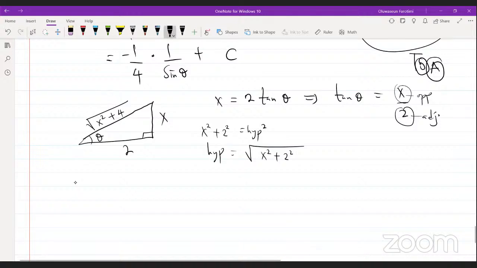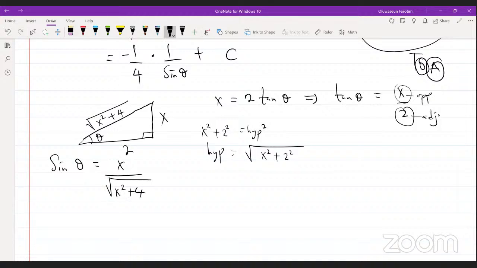Okay, but what do I need? I need the sine of theta. I'm going to come back to my triangle. What is sine? Opposite over hypotenuse, right? So that means my sine of theta is exactly going to be what? This is the opposite, this is the hypotenuse: x over square root of x squared plus 4.